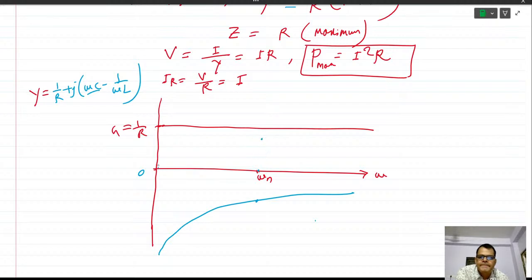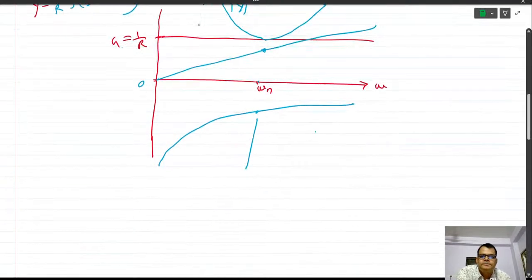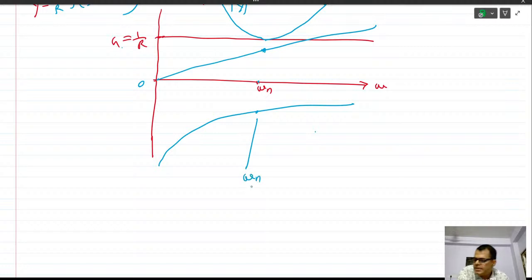Okay, and at this point you have G, that is 1 upon R. So you can easily write the magnitude of Y is like this, and you can easily say that at omega n, both voltage and current are in phase.